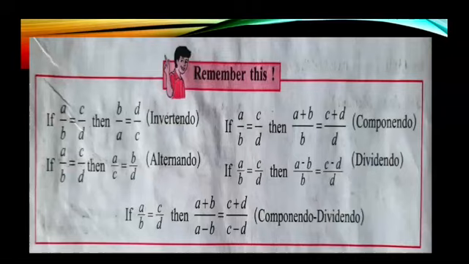If A upon B is equal to C upon D, then A minus B upon B is equal to C minus D upon D. That is dividendo, and altogether we call it componendo dividendo: if A upon B is equal to C upon D, then A plus B upon A minus B is equal to C plus D upon C minus D.